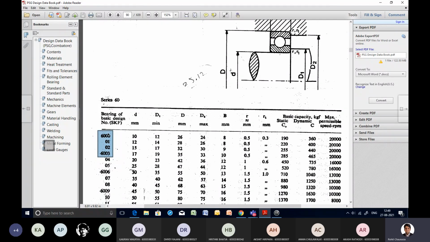But that multiplication concept is not valid for the first, second, third and fourth parameters, because when we refer to 00, 01, 02, 03, it is not applicable. Yes, this third digit being 0 represents this bearing for the extra light service.